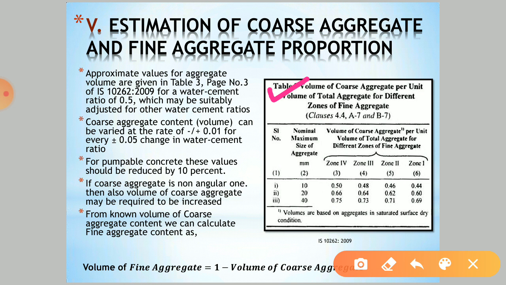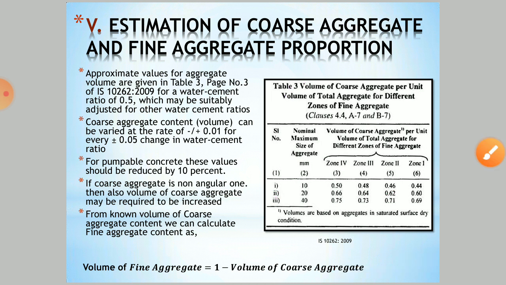As we discussed in the second or third slide, we first have to determine, using IS 383, the zone of the aggregate. Suppose we are using 20 mm maximum size aggregate and the zone is 2. Then the volume of coarse aggregate will be 0.62, and then we deduct it from the total volume so that we can get the volume of fine aggregate.